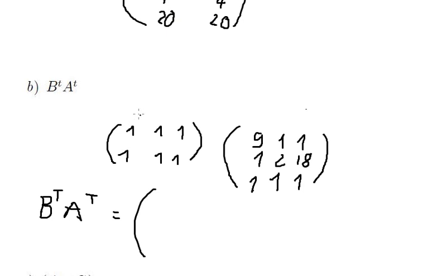So we have 1 with number 9, number 1 with number 1, and number 1 with number 1. So we have 1 times 9 plus 1 times 1 plus 1 times 1. And now this location, this one with this one, this one with this one, and this one with this one.